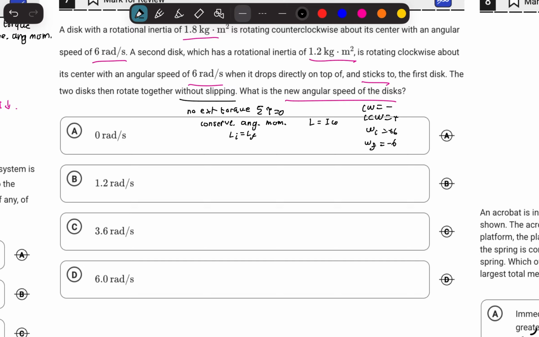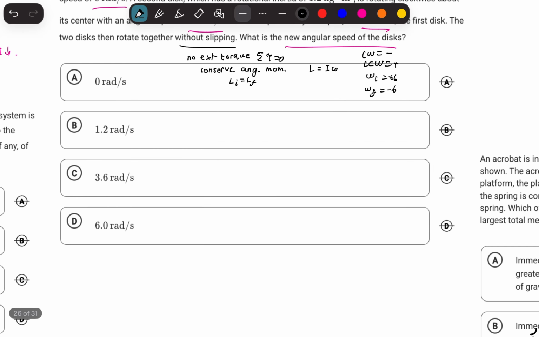Clockwise is going to be negative. So for disk 1 and disk 2, we're going to write these out.